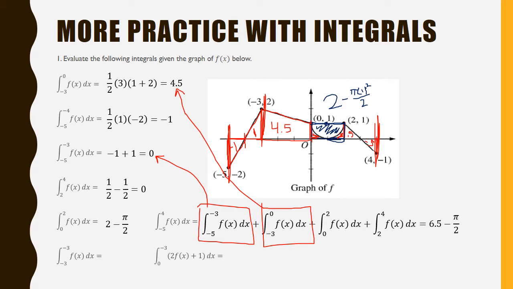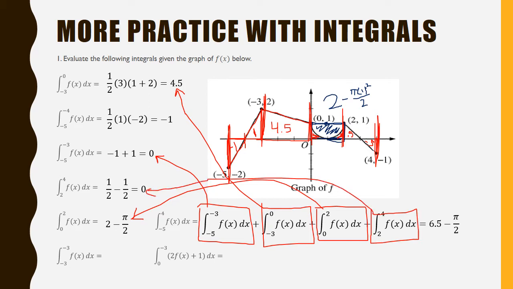And that gets us to this point. Then we have the area from 0 to 2, which we just calculated back here. And that gets us to this point. And then we have the area from 2 to 4, which we calculated back here, and that gets us all the way to the end. So if you combine all four of those numbers, then you get this lovely answer right there.